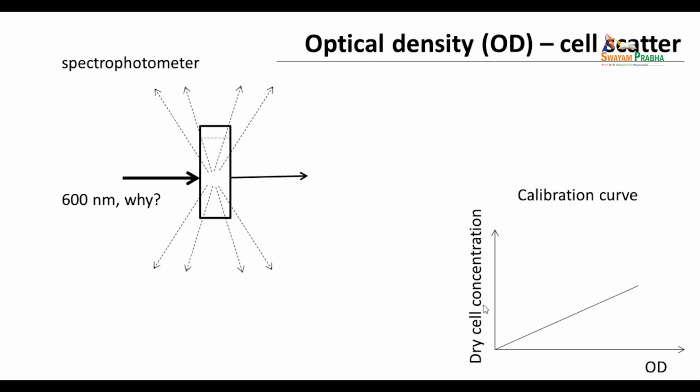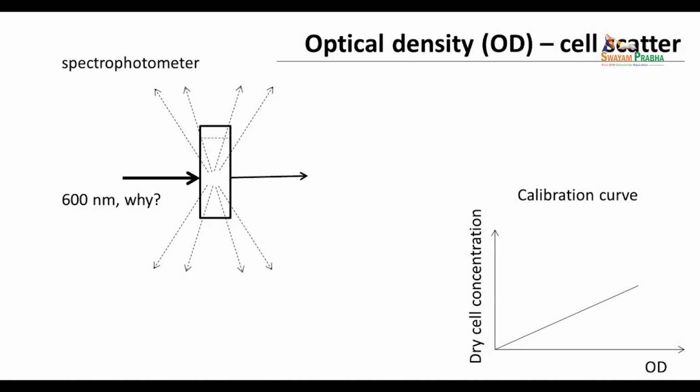Then what is done is using a calibration curve with the dry cell concentration. Remember, we did talk about dry cell concentration measurement. You take a large enough sample, you dry down the cells completely using a vacuum oven overnight, and then you measure the mass of cells that was present in that particular volume. Therefore, you have a dry cell concentration.